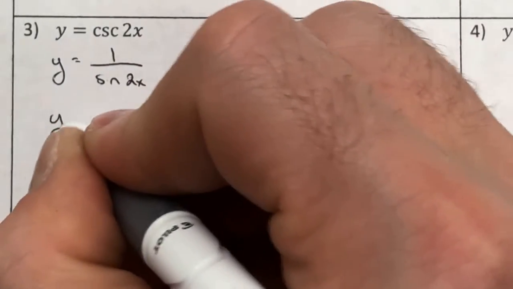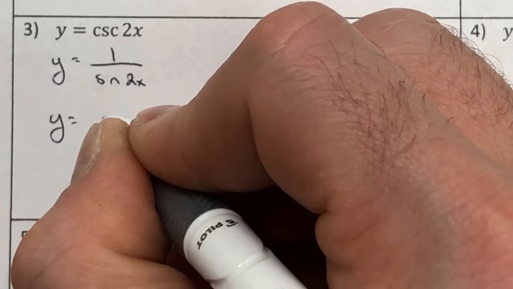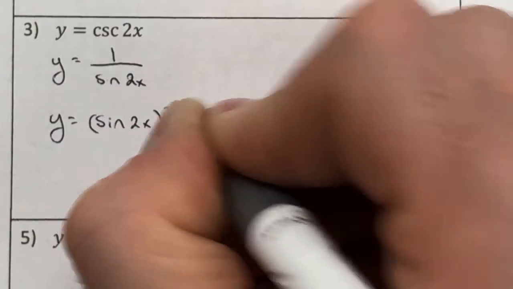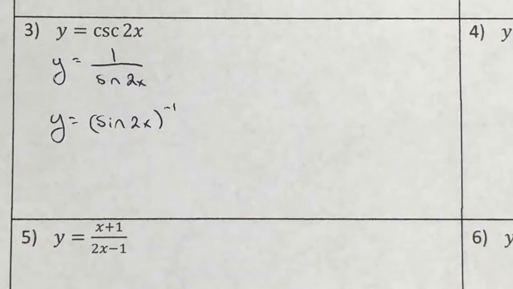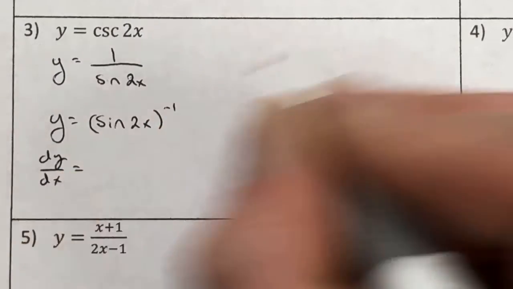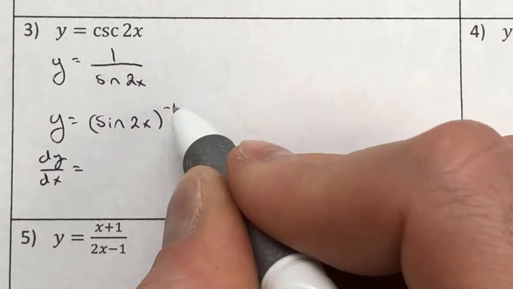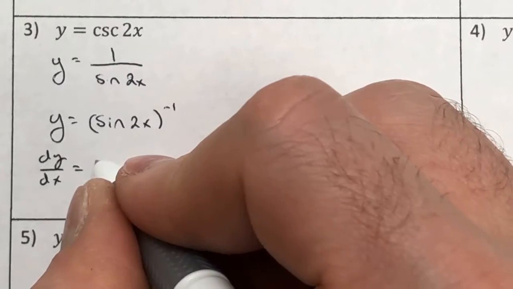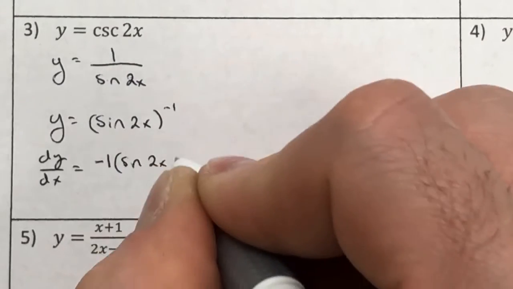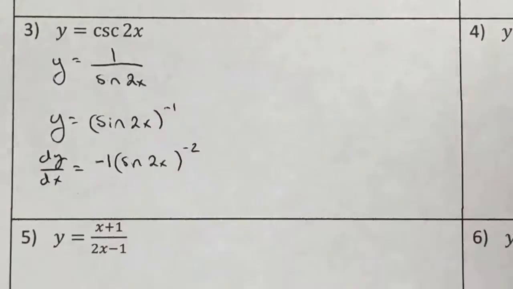Or I could even rewrite that as y equals 1 times the sine of 2x raised to the negative first power. What this allows me to do is the derivative of sine is very straightforward. I know dy over dx, I'm going to treat this like a power, so negative 1 times the sine of 2x, take away a power, so negative 2.